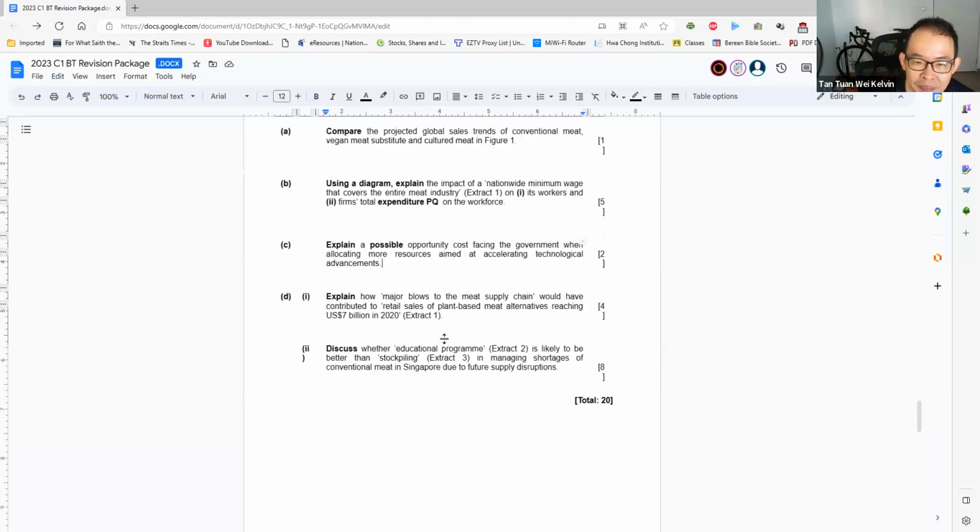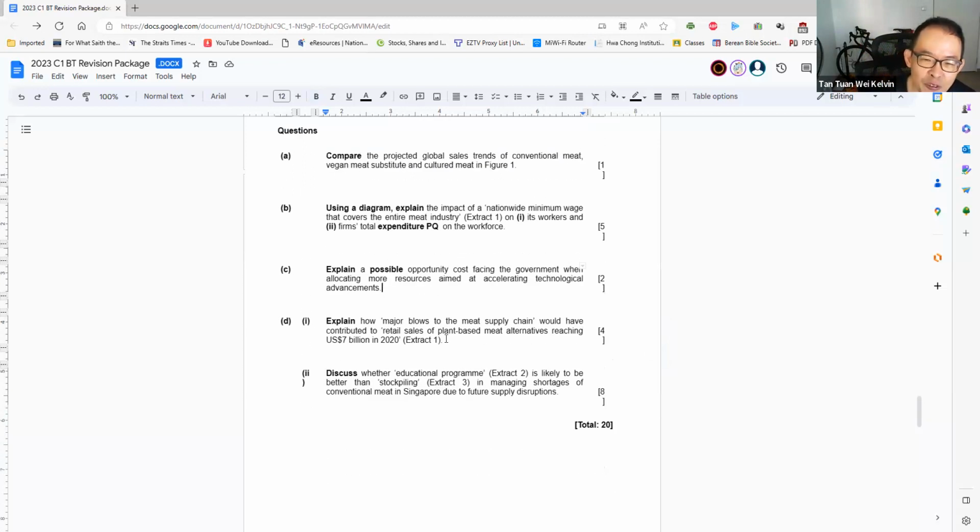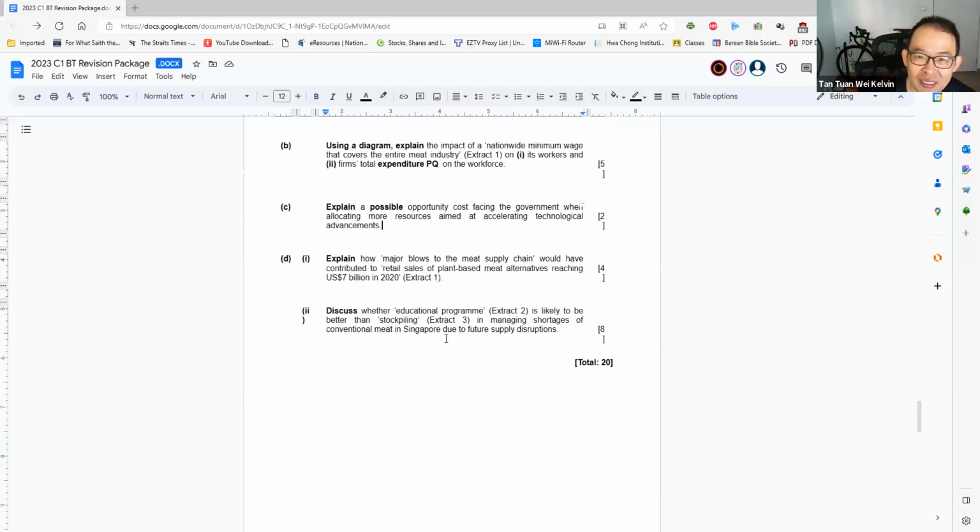D part 1. Again, if you have done the last block test, the one that we covered last week, you can tell that this is a demand and supply kind of question. The cause and effect is pretty clear. There are major blows in the meat supply chain. Now you don't know what this exactly means.